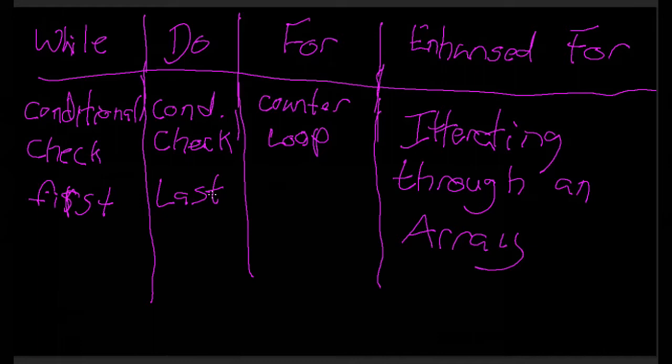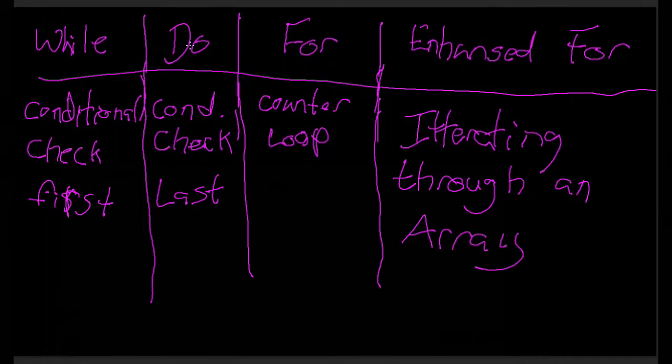Now, a good example of a do loop, because you might be thinking, well, why would I want to check the condition at the very last of the loop? This is really good for a play again or a game loop. So basically what happens is you launch a game, you play the game, you get to the end of the game and it asks you, do you want to play again? Or, in like Mario or something, do you want to use another life, come back to life kind of thing.